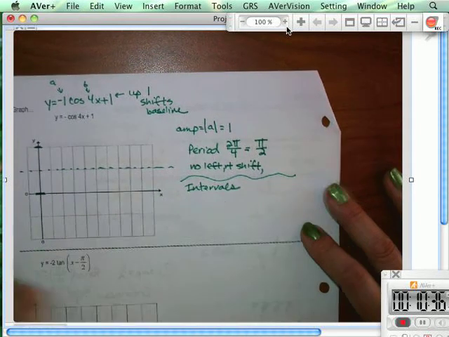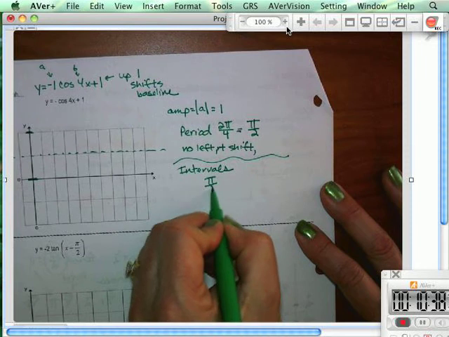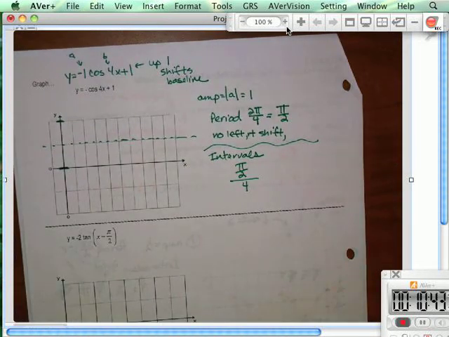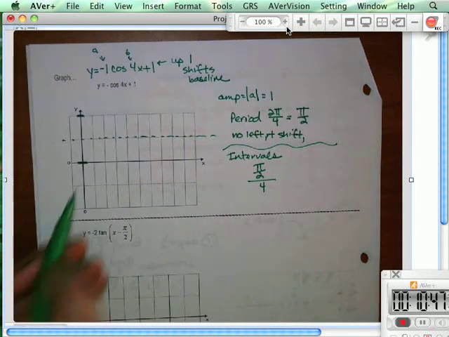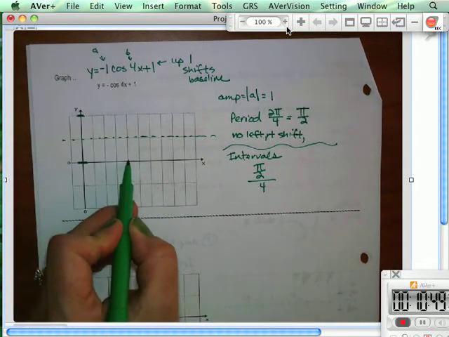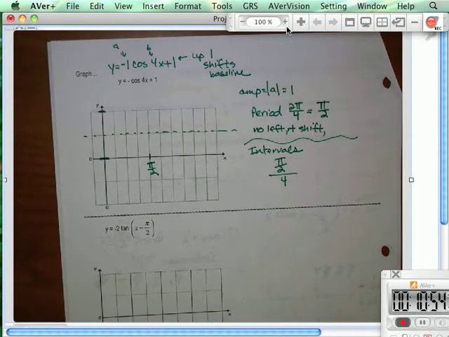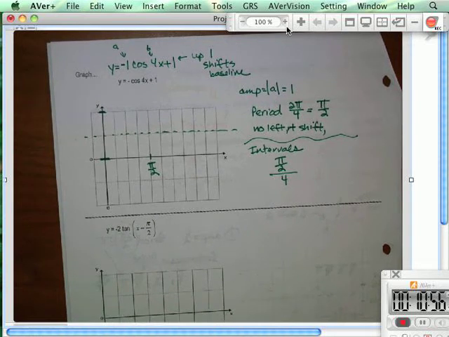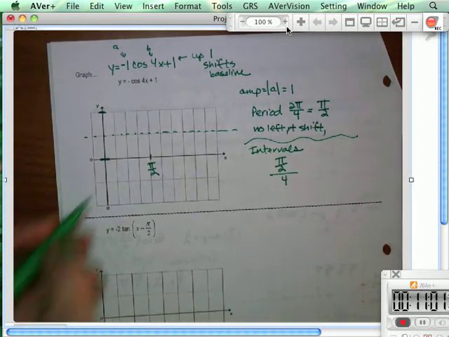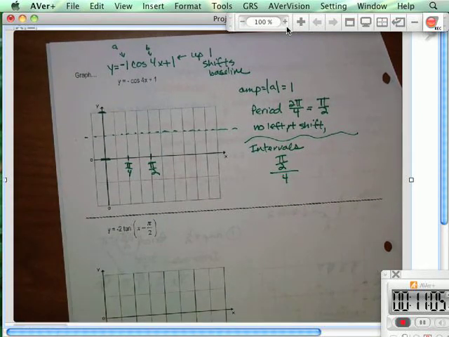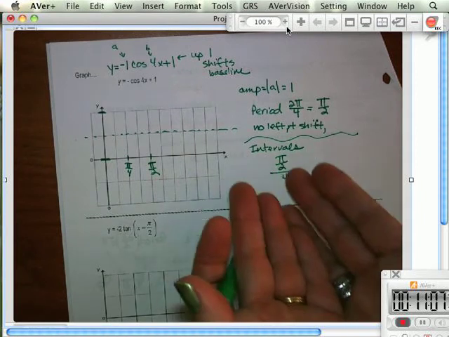So our period is pi over 2, and I've got to divide that by 4. You don't necessarily need to do this math. We could just jump right in and mark 1, 2, 3, 4 over as pi over 2. Can we cut that in half? What's half of 1/2? 1/4, so halfway between there would be pi over 4. You can do it this way, or you can write it out this way. It doesn't make a difference.